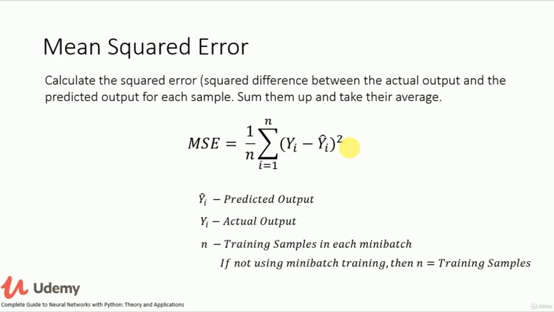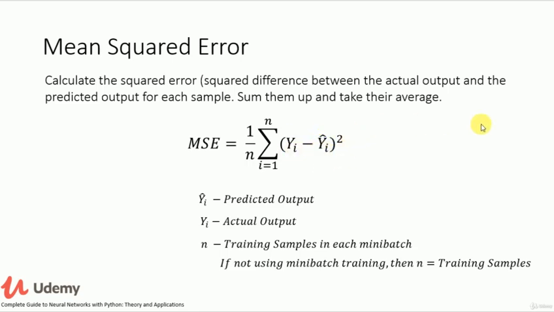Let's say that you have 5 training samples. That means you calculate the error for each sample. Here i is the sample number, and as you can see, i goes from 1 until n, where n is the number of training samples. You calculate this term and square it for the first sample, then calculate it again for the second, third, fourth, and fifth sample.